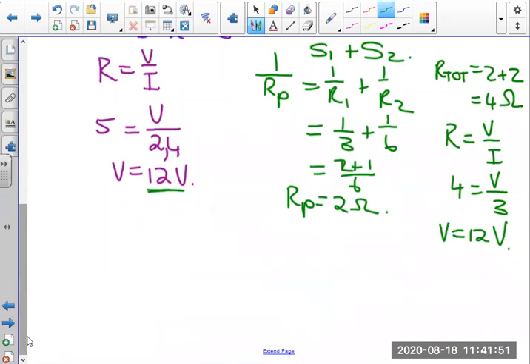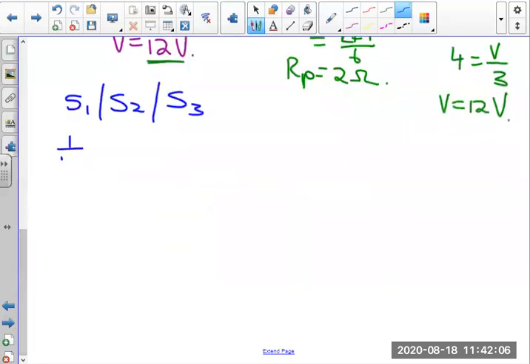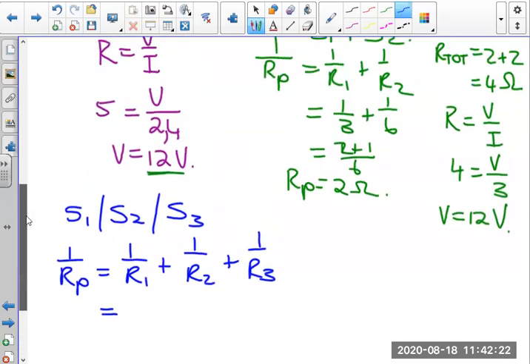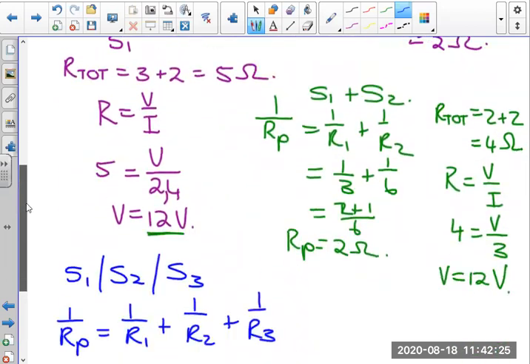And the same method I can use with all 3 switches closed. So let's quickly do that one. So for instance, they closed all 3 switches, switch S1, S2, and S3. The first thing that we work out is the total resistance. So I start with the total resistance in parallel equals 1 over R1 plus 1 over R2. And now I have a third switch that is closed, so it means a third resistance in this whole thing. Now when I go and look at the resistors, it's 3, 6, and 4.